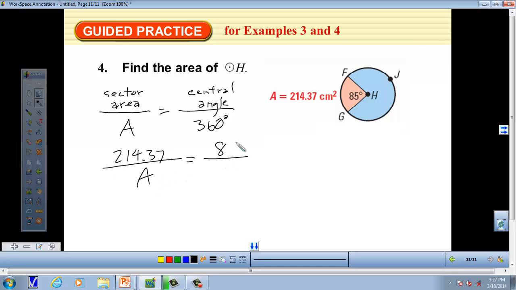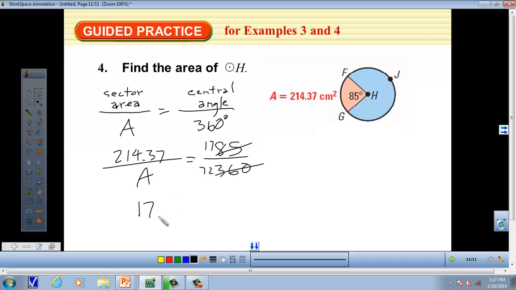Central angle is 85, and that's out of 360. We can divide both top and bottom by 5, it looks like. So the top would be 17, and the bottom would be 72. You don't have to do that, but I think it helps me.